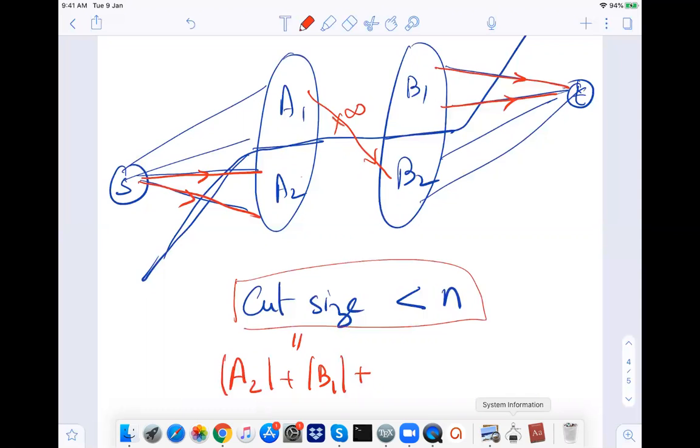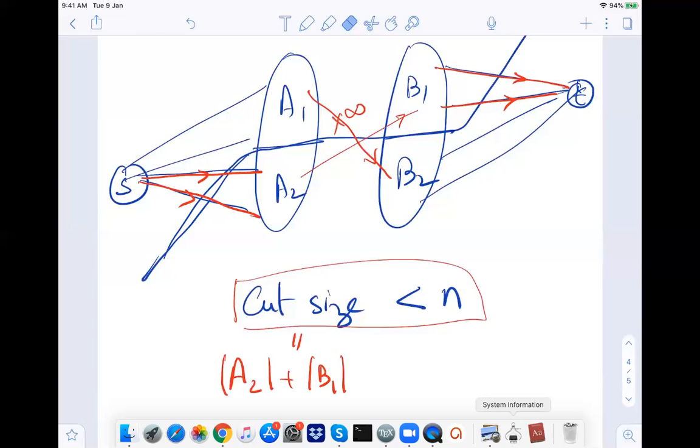Can there be edges like this? Of course there will be edges like this, but they don't contribute to the cut. In an ST cut, only the edges that go from the S side of the cut to the T side contribute. So either there exists an edge from A1 to B1, in which case the cut size is way bigger than n, it is infinity.